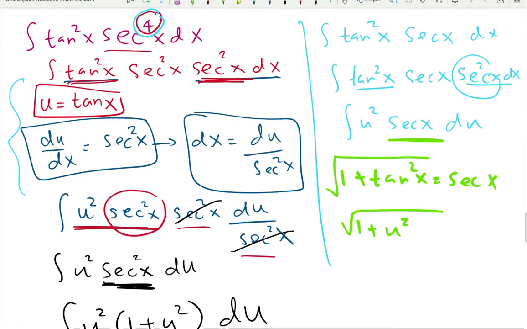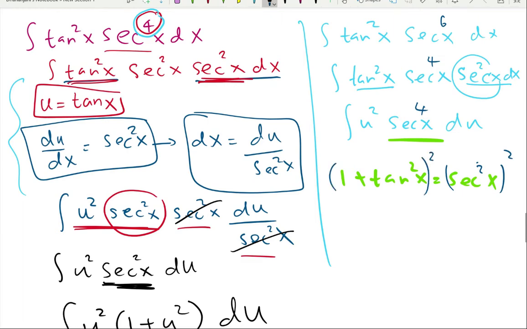How about if you have the power 6, a higher even power? Well, if you split out a secant square, this will be power 4, right? Now how can you get secant to the power 4? Well, we know secant square is 1 plus tangent square, so secant to the power 4 is the square of this, so this is actually 1 plus u square, squared.